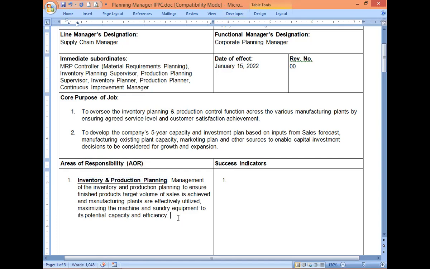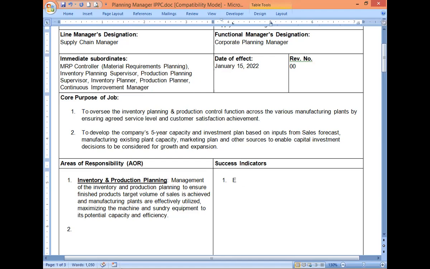Okay, so we're going to go for the next, or we're going to write the success indicators. Okay, I'm going to do the success indicators right away because I'm still thinking about the next AOR that I'm going to write.